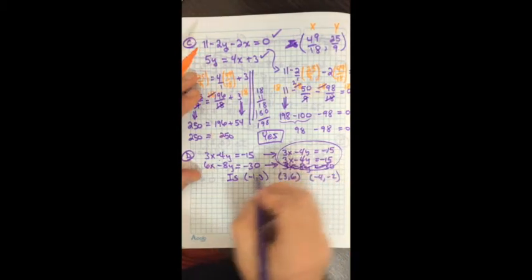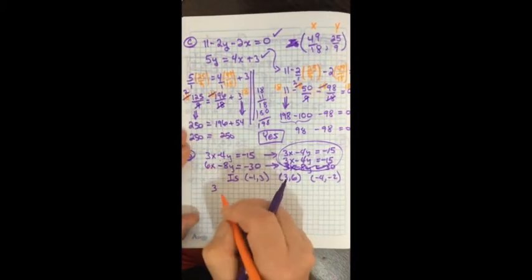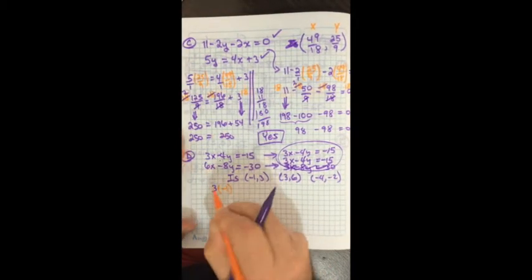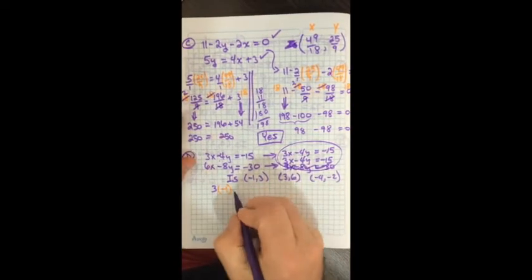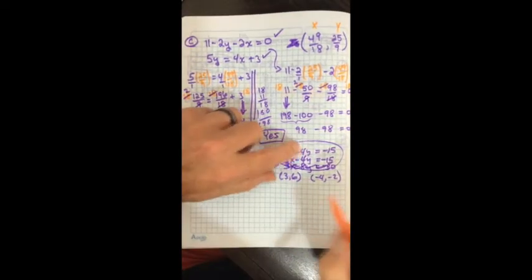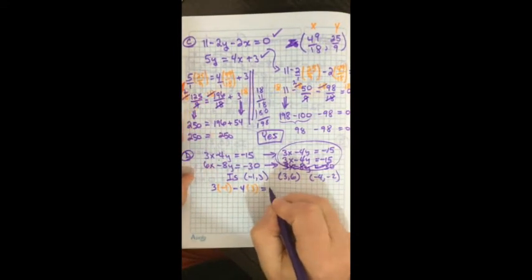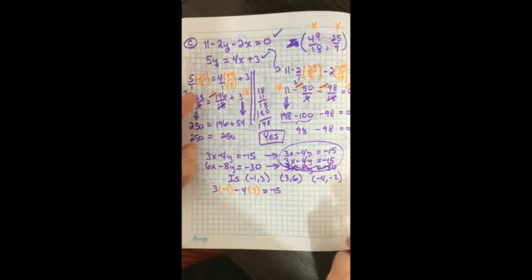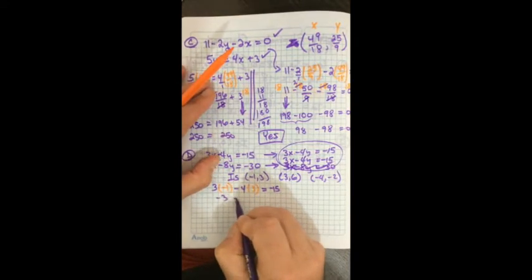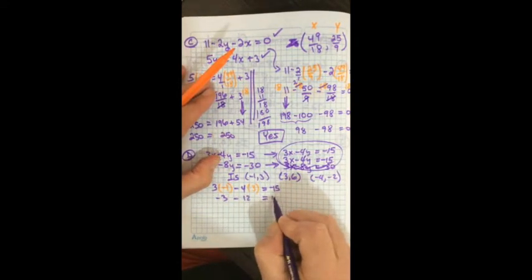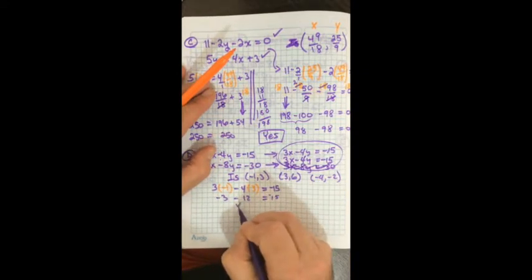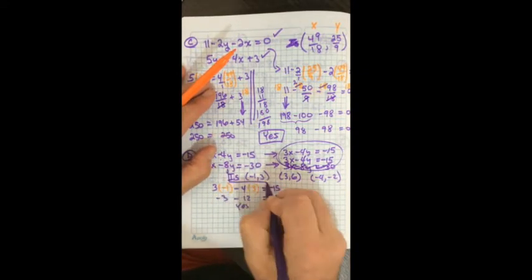That first equation is 3 times x, which is negative 1, minus 4 times y, which is 3, and we're checking to see, does it equal negative 15? Okay, well that's negative 3 minus 12 is negative 15. So that one is yes.